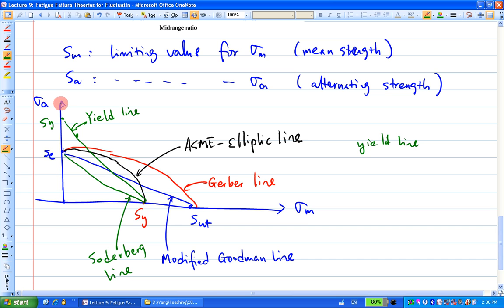Right now, the y-axis is sigma a, the x-axis is sigma m. So how do you represent this straight line? Yeah, x plus y equal to SY, right? But x is this, y is this. So this plus this is SY.